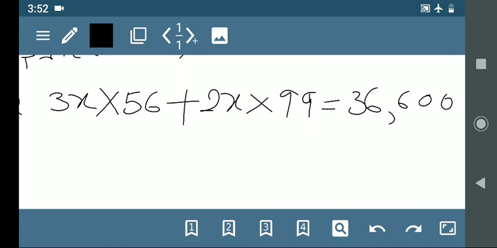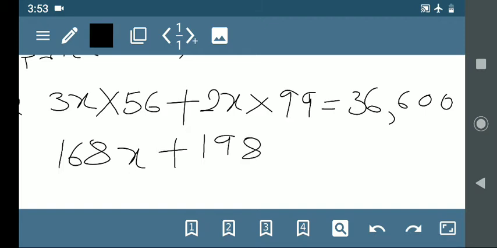So now 56 into 3, how much? 168, so 168x plus 99 into 2, 198x, is equal to 36,600.